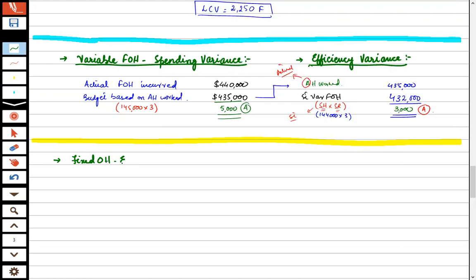Expenditure, budget, spending. Actual fixed FOH.